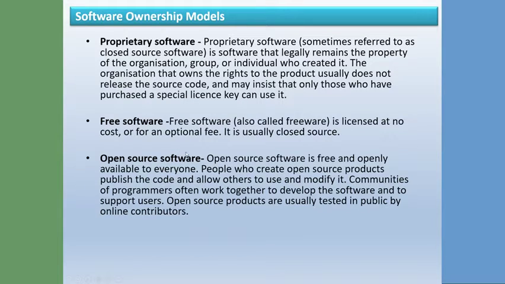And then finally, open source software, which is generally free. It's available to everyone, and it actually comes with the programming code, or the source code, open, so you can make modifications to it. You can turn that piece of software into something totally different. You can add features to it.